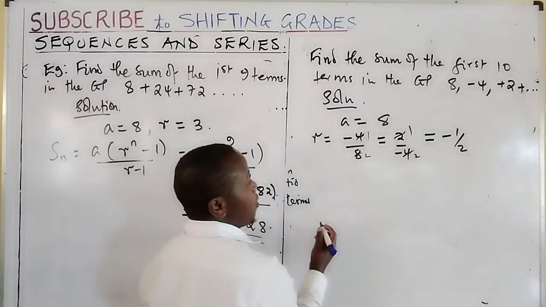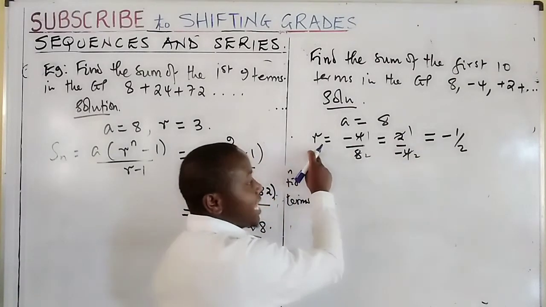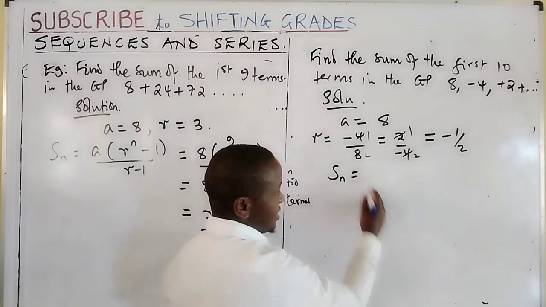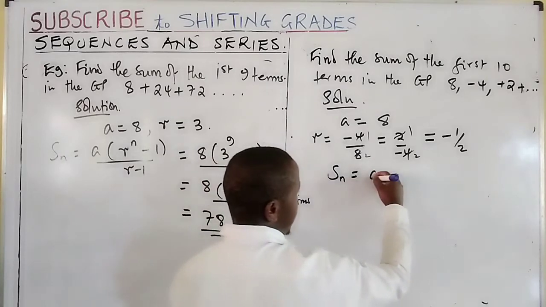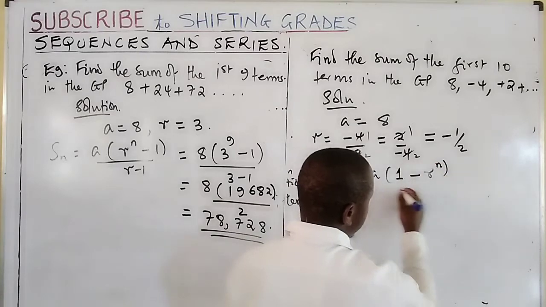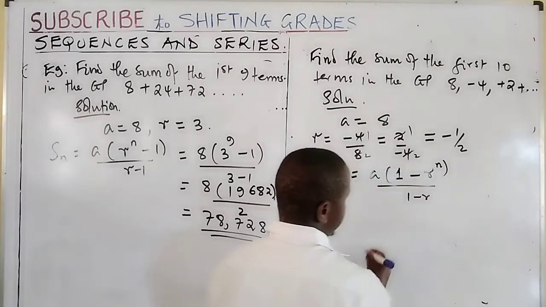In this case, because r is less than 1, we use the formula a into 1 minus r raised to n, divided by 1 minus r.